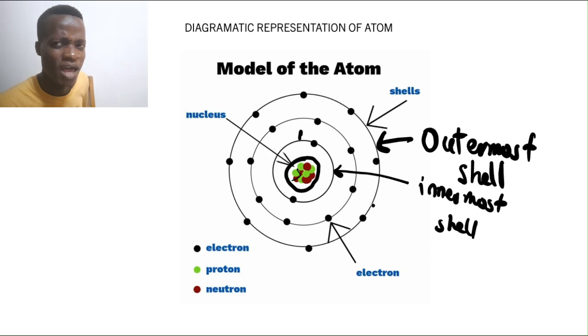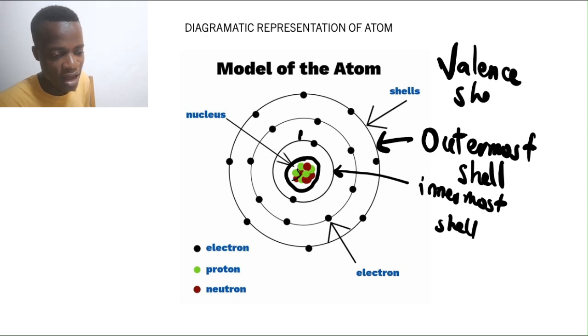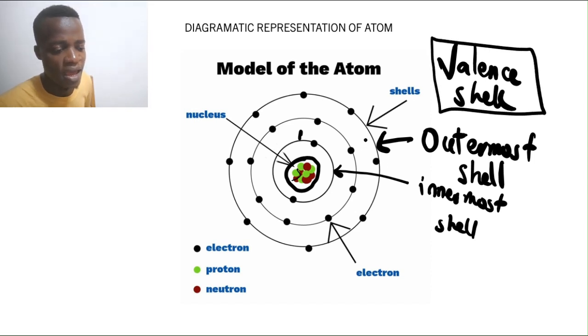So another name for the outermost shell is the valence shell. That's another name for the outermost shell, the very largest one. It's a very important shell for us. That's the shell that hosts all the valence electrons. So all the electrons on the valence shell, we call these valence electrons, right?